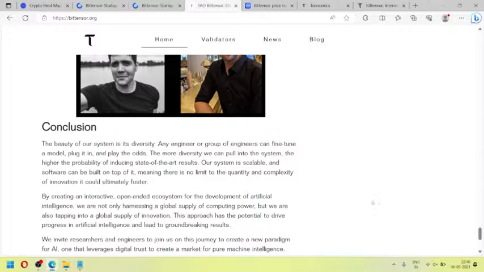Any engineer or group of engineers can fine tune a model, plug it in and play the odds. The more diversity we can pull into the system, the higher the probability of introducing state of the art results. Our system is scalable and software can be built on top of it, meaning there is no limit to the quantity and complexity of innovation it could ultimately foster.